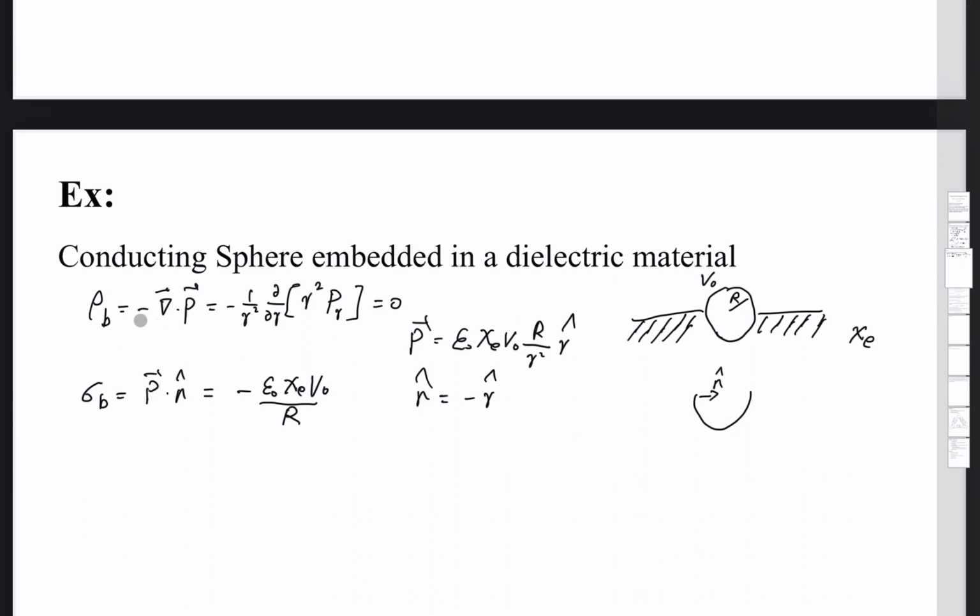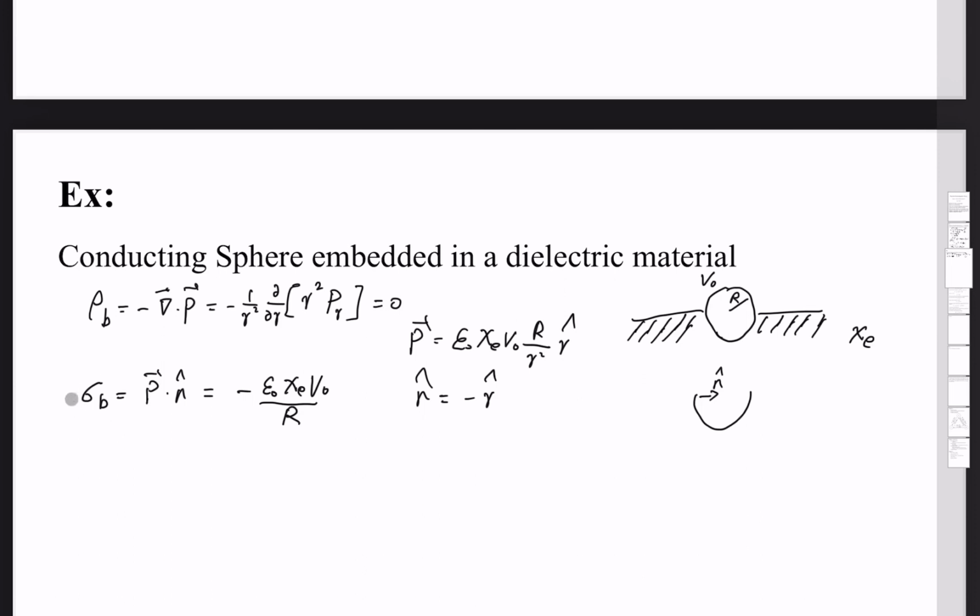The volume bound charge is the divergence of this P vector. In spherical coordinates, remember that you need to multiply by r squared times P_r and then take the derivative. So the r squared and the r squared here cancel, which means r squared P_r is a constant. That's why the bound volume charge is 0.